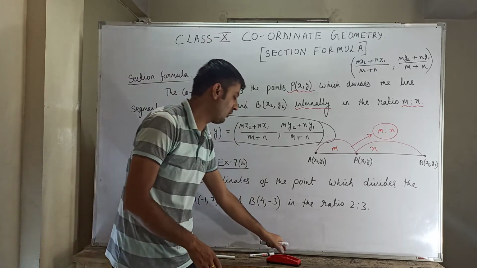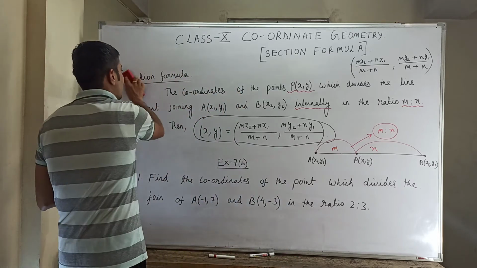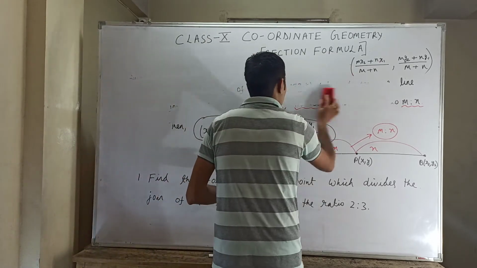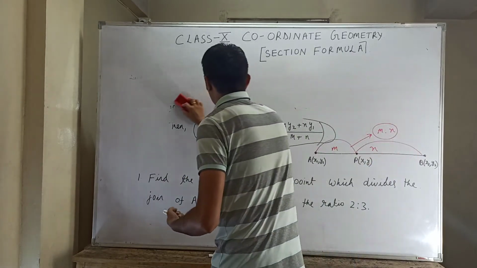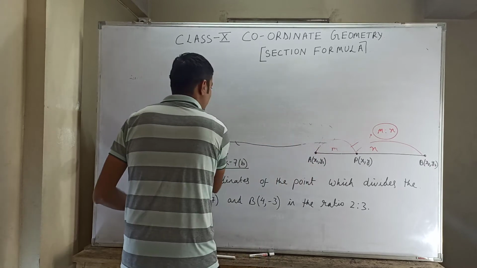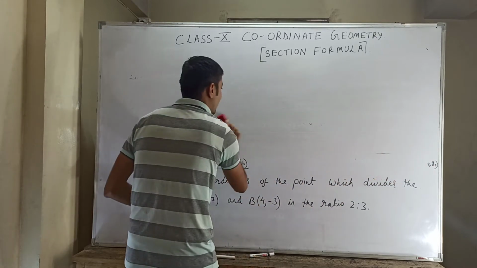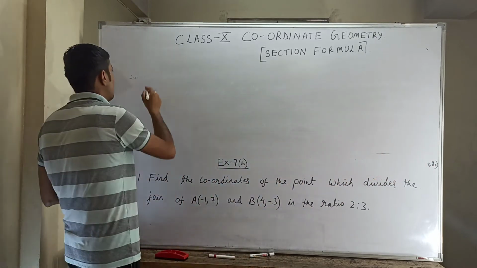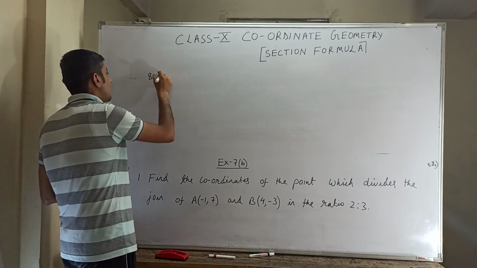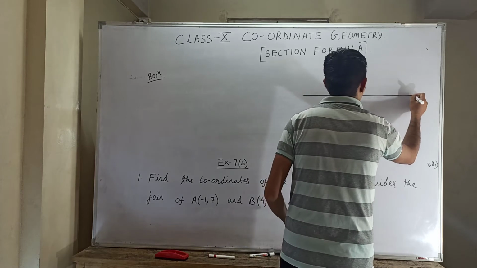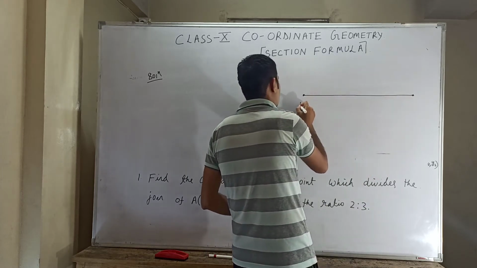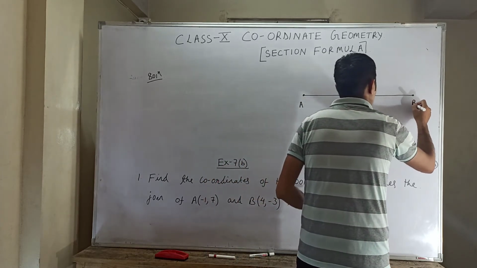So let us come to the solution of this. The solution is very simple. If you want, you can draw the figure, it will help you. Then you can use your formula and you will get the answer. First you draw one line, line AB.